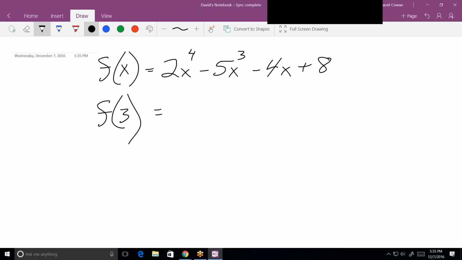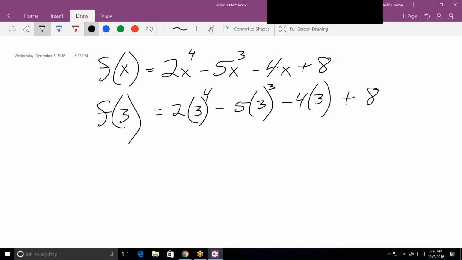So the way I advise doing these is very carefully and one step at a time. If you try to do too many steps at a time, it's real easy to make a mistake. Okay? So I'm going to write it exactly like this, one step at a time. Now simplify. What's that become?